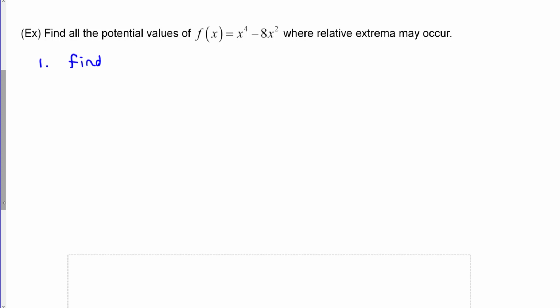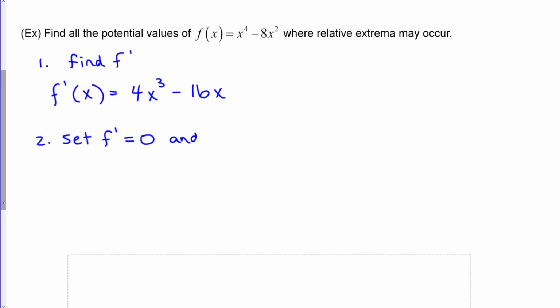So f prime of x in this case, using the power rule, would be 4x cubed minus 16x. And then the next thing is set the derivative equal to 0 and solve.